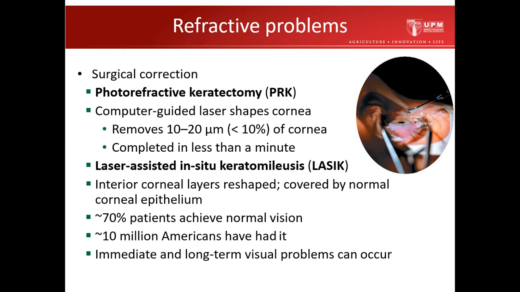LASIK surgery is one of the procedures used to treat myopia, hyperopia, and also astigmatism. This procedure utilizes a highly specialized laser that is designed to treat the refractive error to improve vision and reduce or eliminate the need for glasses or even contact lenses.